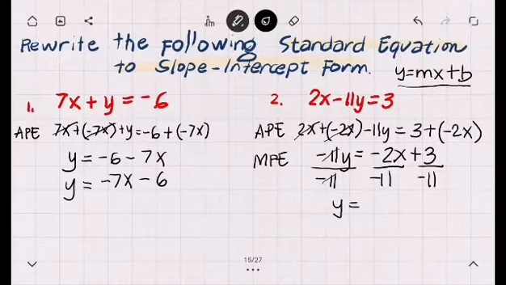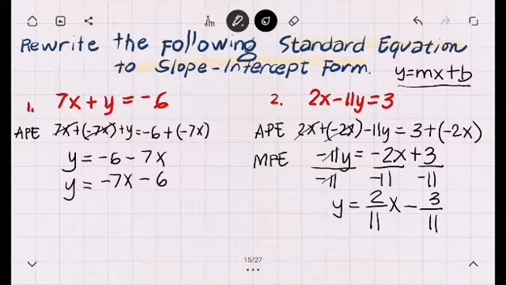So, negative 2 divided by negative 11 is positive 2 over 11x. So, positive divided by negative, so it will become negative 3 over 11. Okay. So, ito na yung ating slope-intercept form kung saan ang ating slope ay 2 over 11 at ang ating y-intercept ay negative 3 over 11.